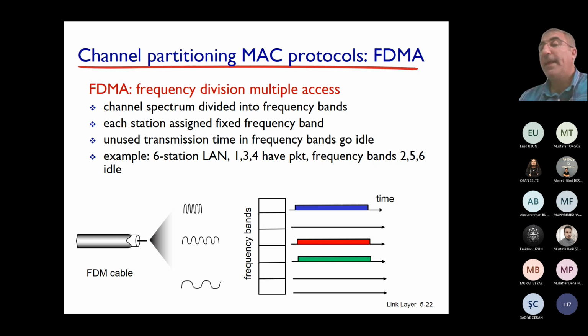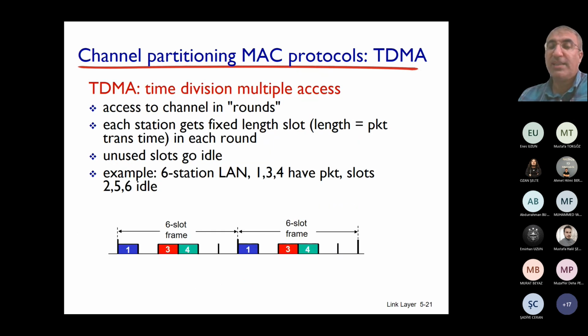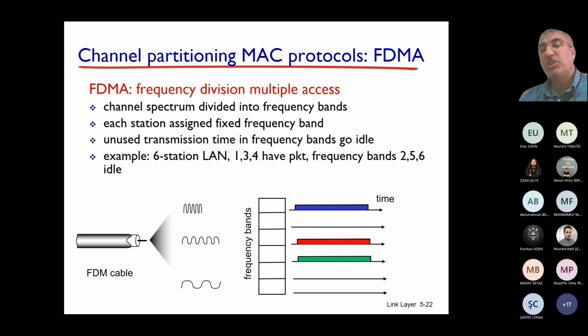Another approach is called FDMA, which stands for frequency division multiple access. So we split the channel. In the previous case, we split the channel in the time domain. In this case, we split the channel in the frequency domain. So we give a sub-channel. Each station or node is assigned a fixed frequency band.